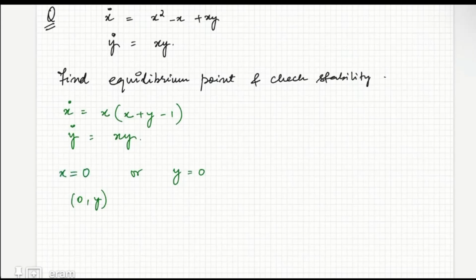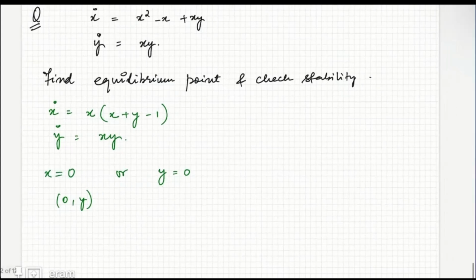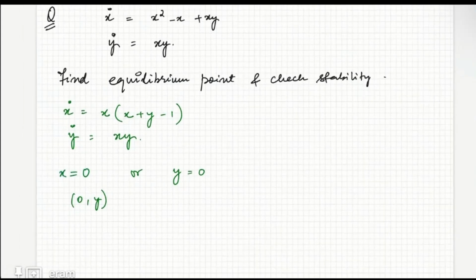And when y equals 0, what should be the value of x? When y equals 0, we should have x equals 1. So the other equilibrium point is (1, 0).